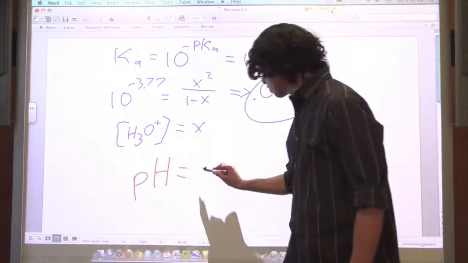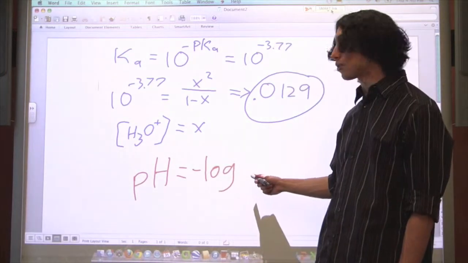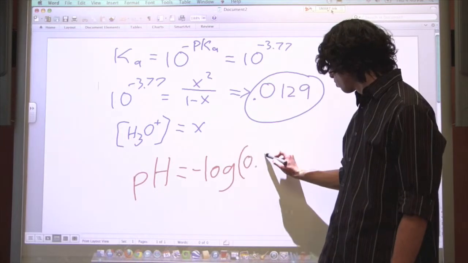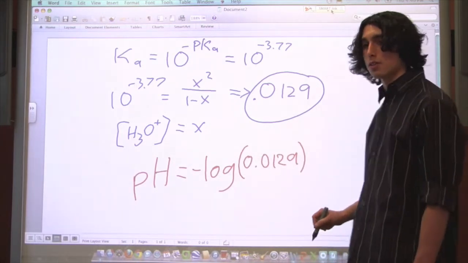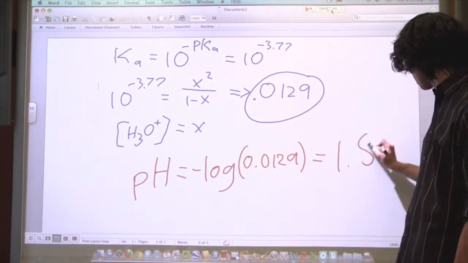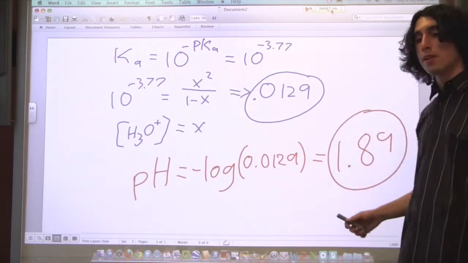The pH is just the negative log of the concentration of hydronium, which is x, which is 0.0129. And then it's just a calculator step away from the answer, and you'll end up with 1.89. And there's your pH.